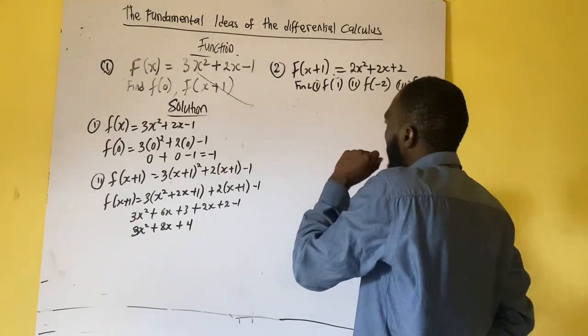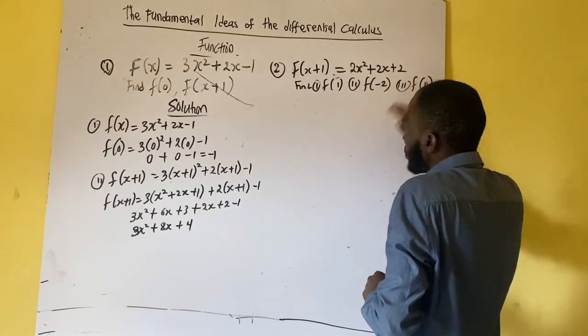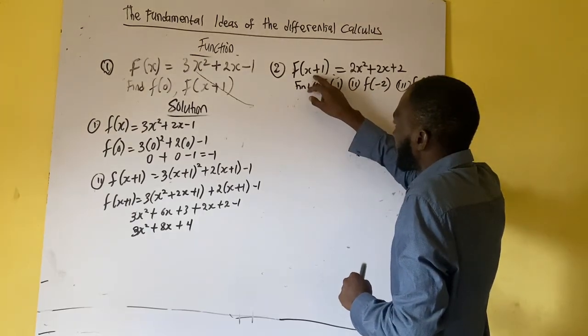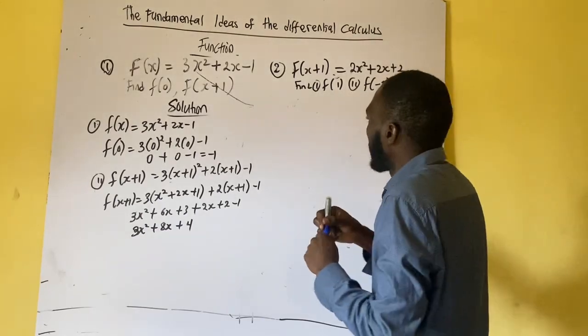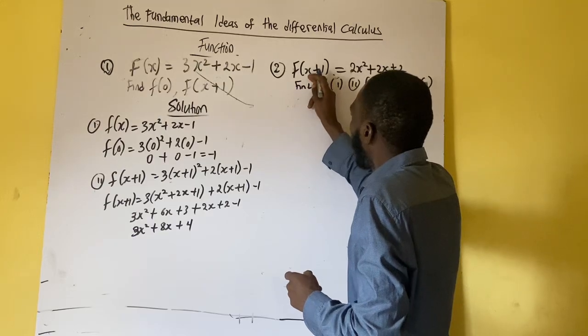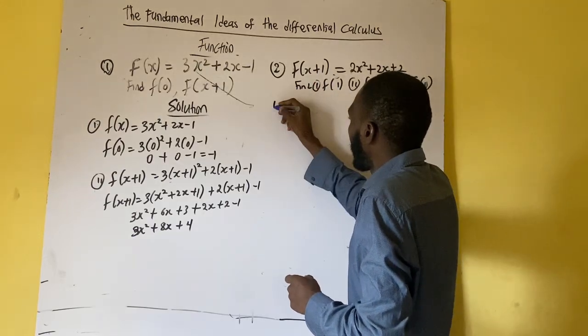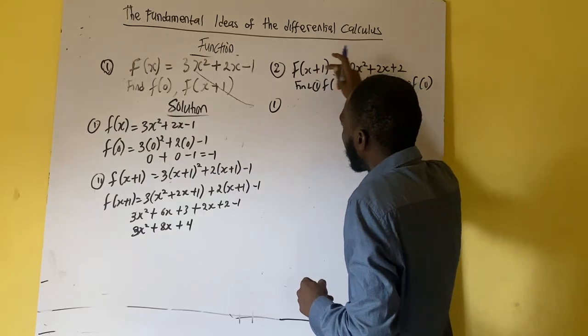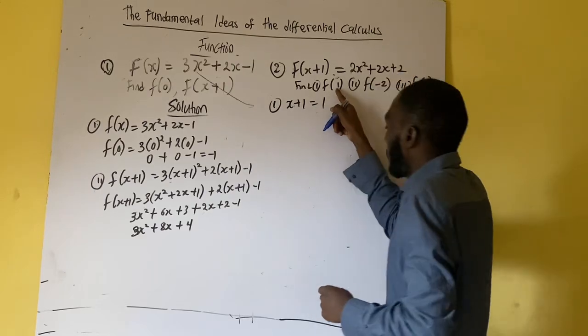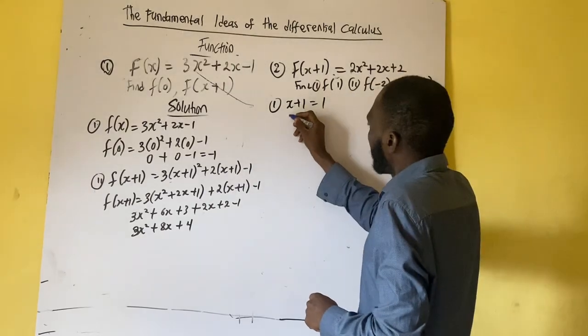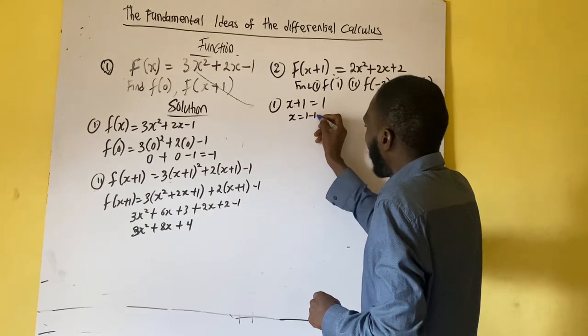For anything you want to calculate, you must first equate this expression to the value you want to use. As I have x plus 1, I first equate it to 1. That is x plus 1 equal to 1, so x equals 1 minus 1.